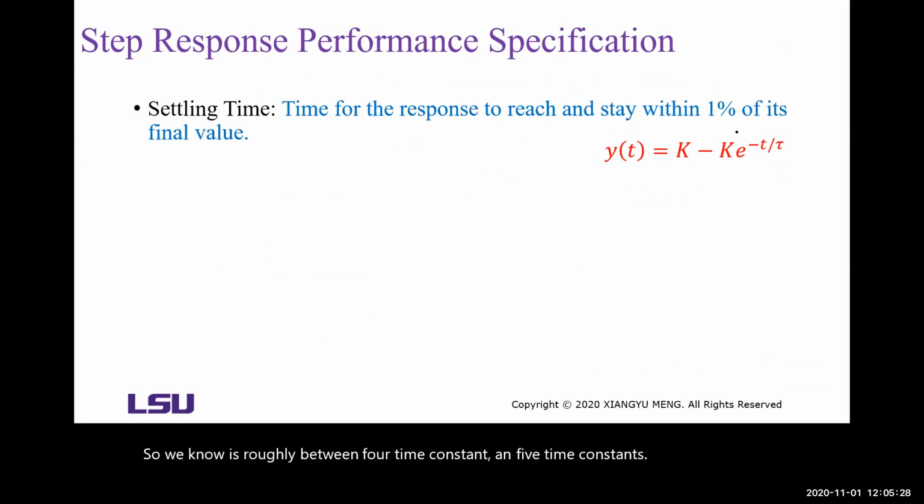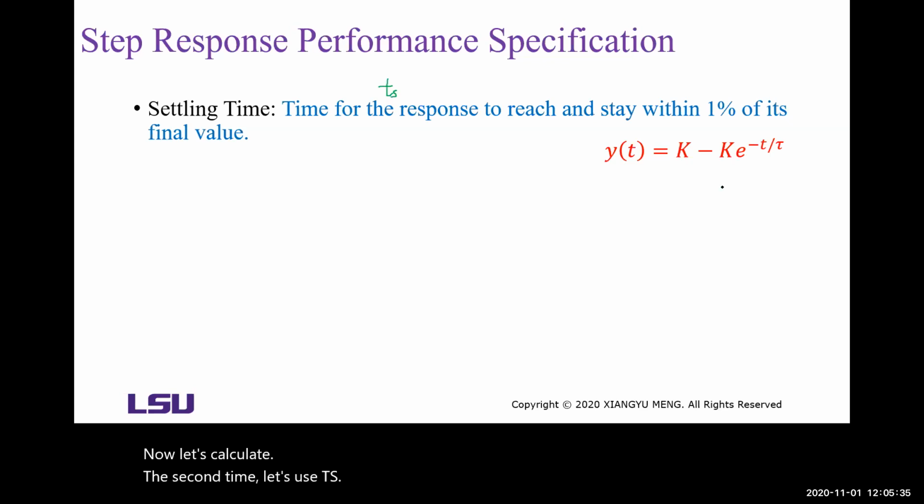Now let's calculate the settling time. Let's use Ts to denote settling time. The settling time will be when y(t) is 99% of its final value. So y(t) will be 0.99 K, since the final value is K. That's the time when t is Ts.